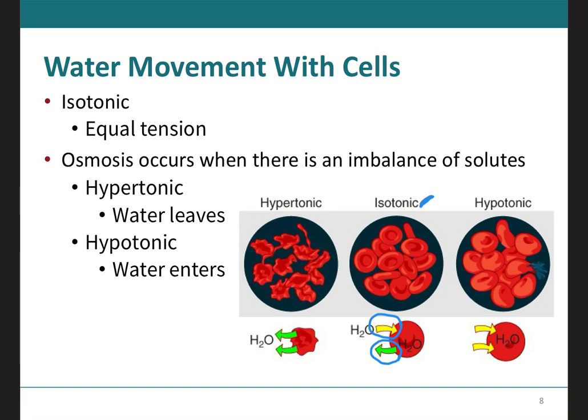Therefore, osmosis is only going to occur when there is an imbalance of solutes outside of a cell versus inside of a cell. Therefore, we can say that a solution that has a higher concentration of solutes than another solution is said to be hypertonic.